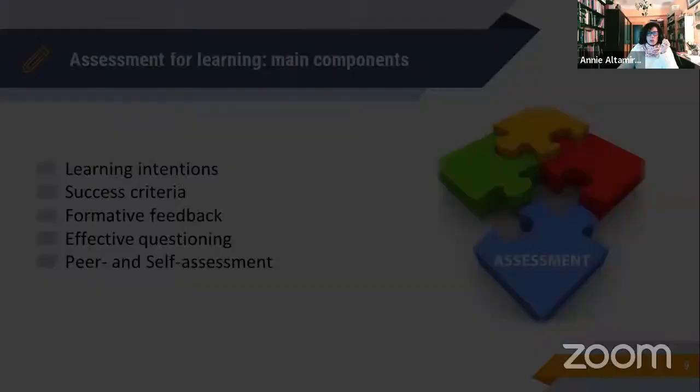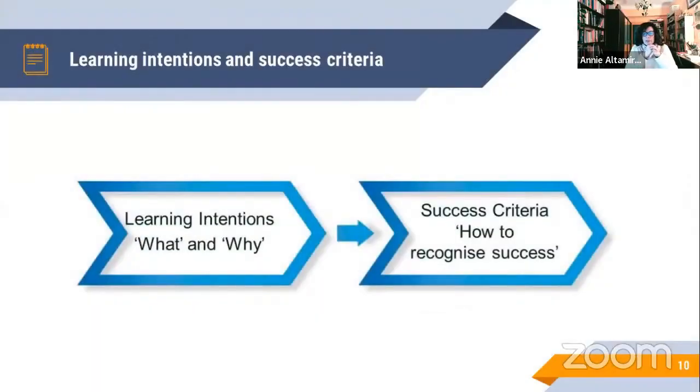So let's have a look at the first couple of elements, learning intentions and success criteria. Now, we are all familiar with using learning intentions, although we can use different names for them. Learning intentions, objectives, goals, aims. That is, the description of what you want the students to know, to understand, or to be able to do by the end of the lesson.